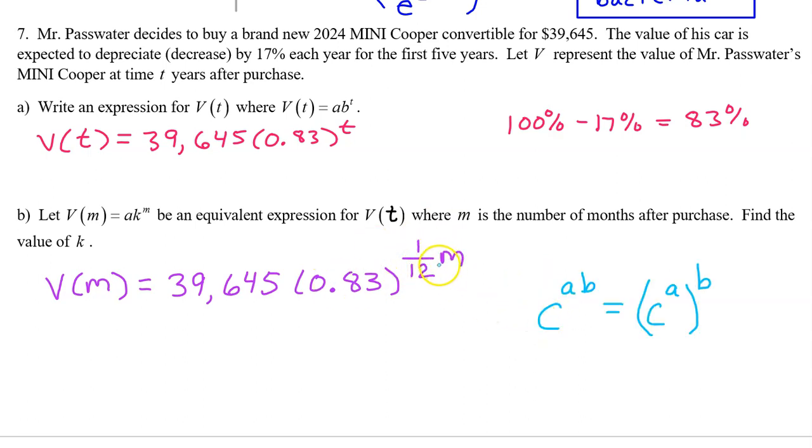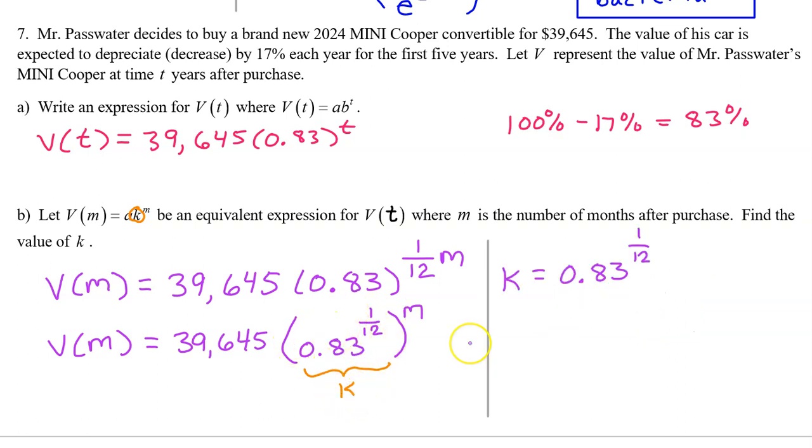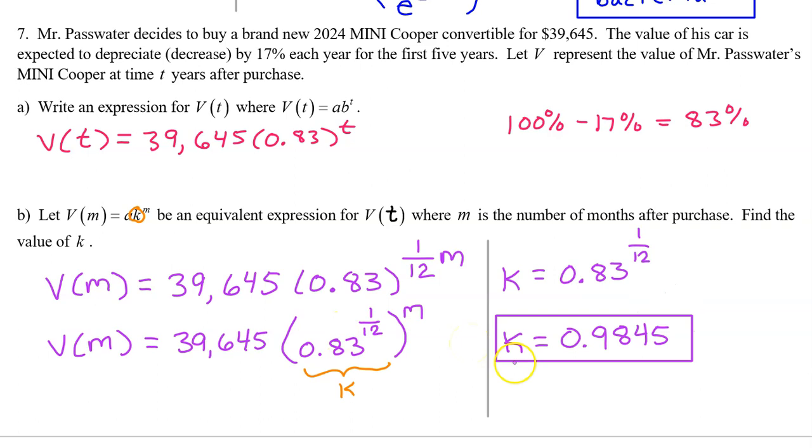I'm writing it this way because I want to use the property that says c to the a times b power is equal to c to the a all raised to the b. We can pull the m outside the parentheses like this. In this form, we can see that the k is whatever is inside of the parentheses. We can find the value of k in the calculator. K turns out to be 0.9845.